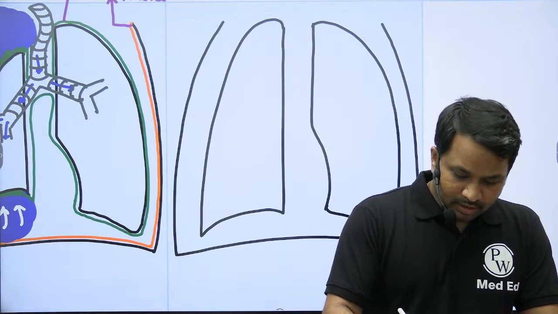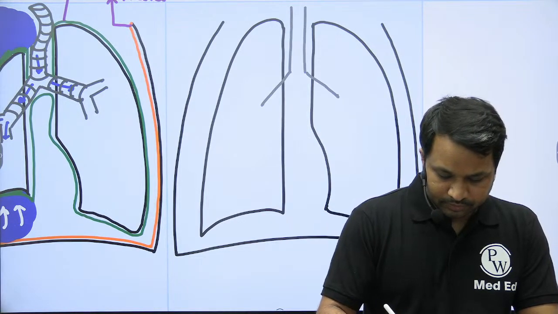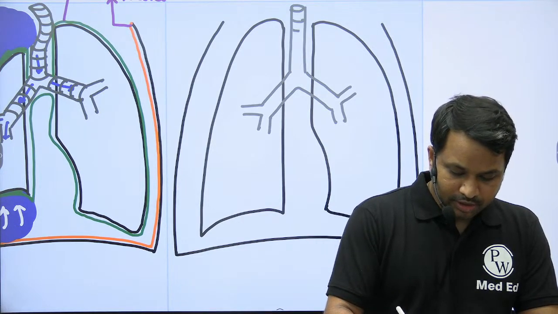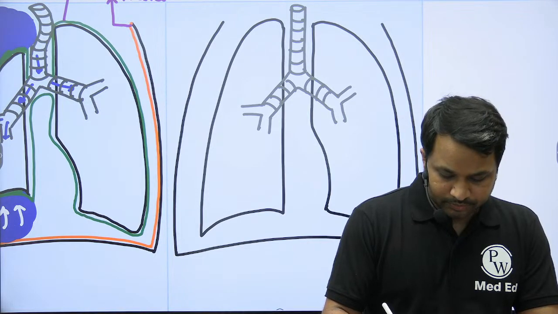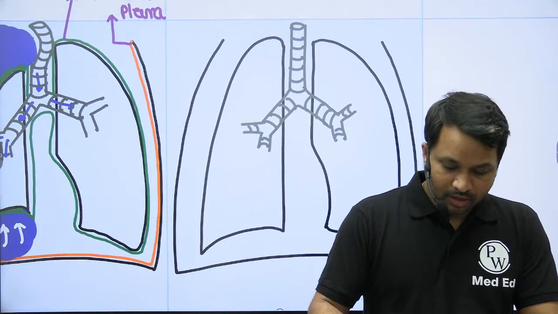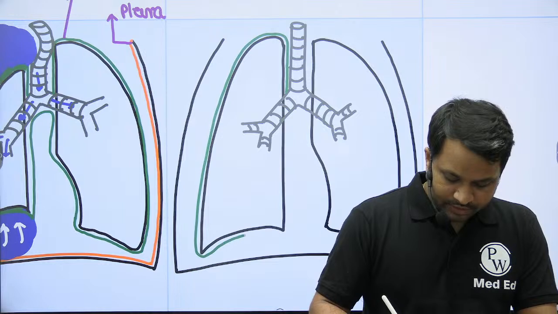Right in the center, you have the trachea. The right main bronchus and the left main bronchus, which is here. These are the tracheal rings, which are present across here, right? Now, as I told you, the one that is covering the lung parenchyma is what we call the visceral pleura. So you can see the visceral pleura is here.